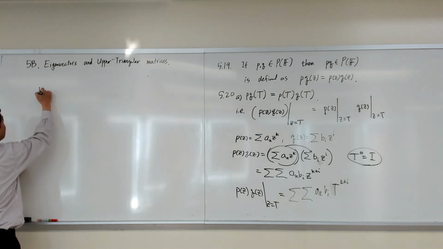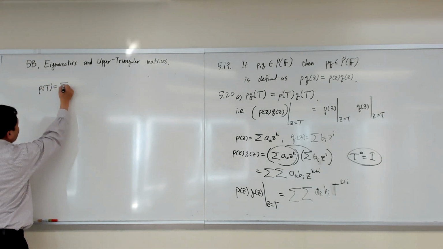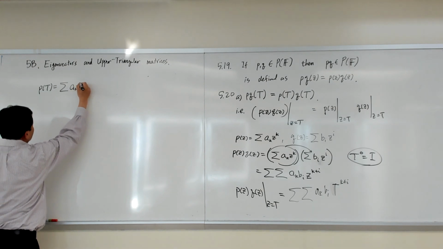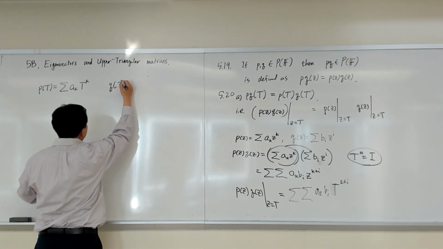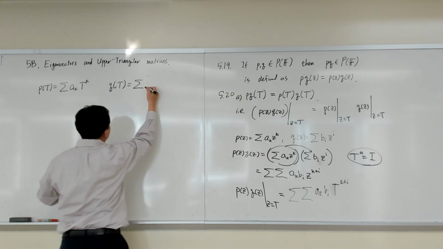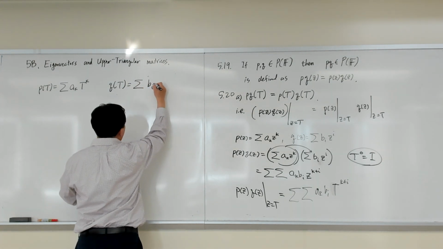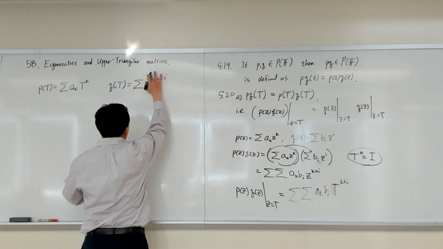So P of t would be the summation of a_k t^k, and Q of t would be the summation of b_i t^i.